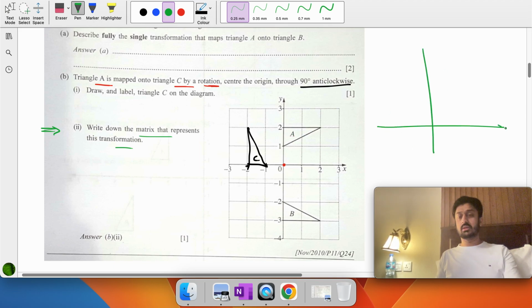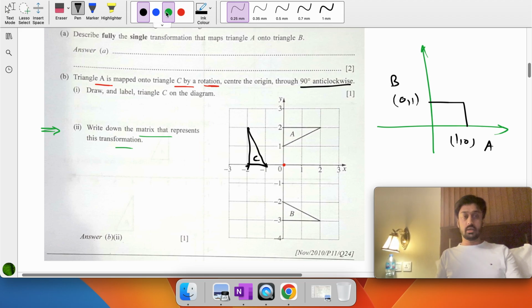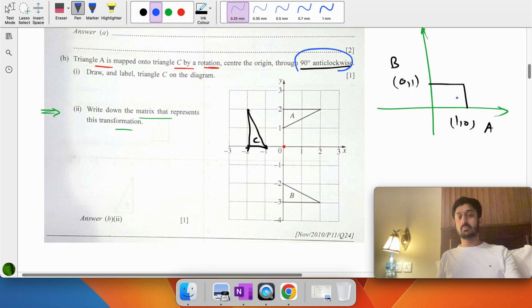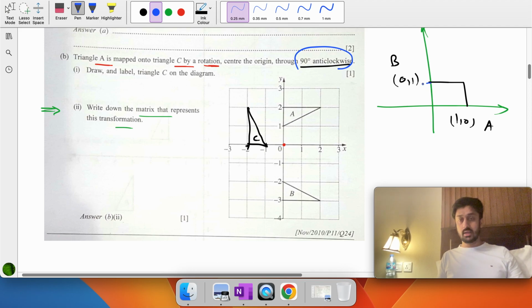Again, every time you face this question, just draw this basic block. x1, y0, x0, y1. This is A, this is B. Now what we are going through is 90 degree anti-clockwise. So we rotate both of these one by one. B will come over here, 90 degrees anti-clockwise, and this becomes x minus 1 and y0, and A comes at this point.